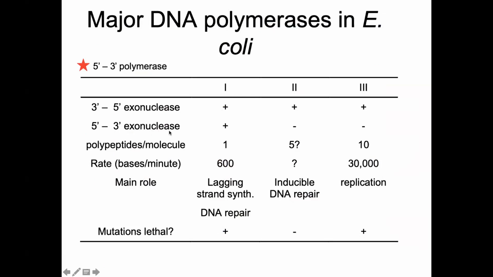The other thing that I've mentioned is that the Kornberg enzyme synthesizes DNA very slowly, 600 nucleotides incorporated per second. But over here, you can see the DNA polymerase 3 has a much higher rate of incorporation. It can synthesize DNA much more rapidly. Okay, so that's a fundamental distinction between the two types.